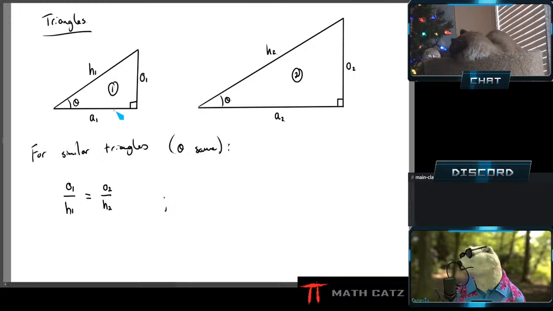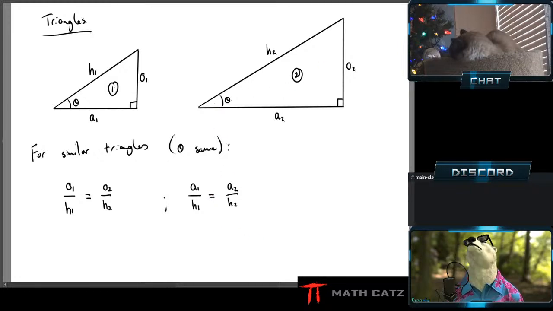Because I have three things here in my triangle, three side lengths, I can make other ratios as well. I can take adjacent to hypotenuse in the first triangle, adjacent to hypotenuse in the second triangle. The lengths are all different, but the ratio turns out to be the same.